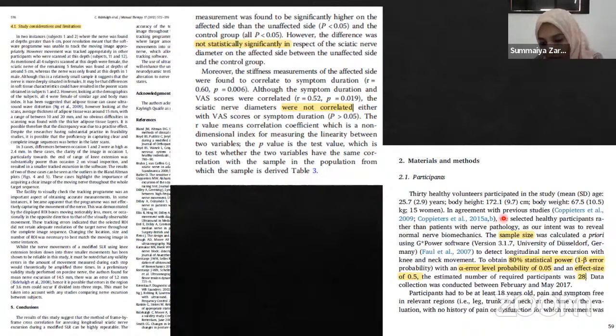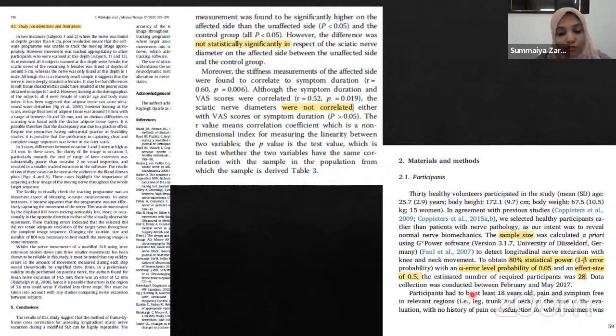Now this is what I'm talking about, the sample size. So sample size was calculated using this software and with the respective formula. Sometimes we mention only the formula. Okay, the sample size was calculated using this formula, that's it, and it came to 28.